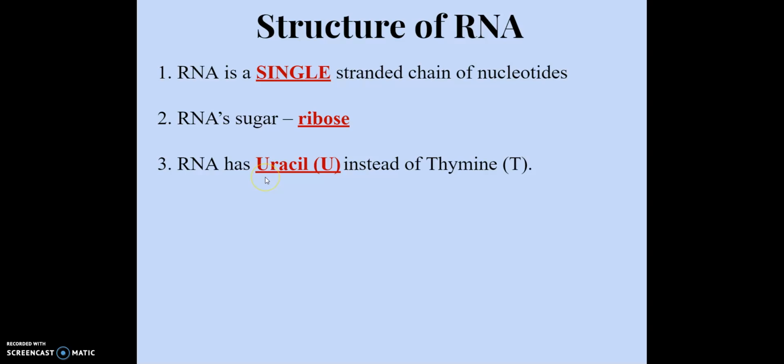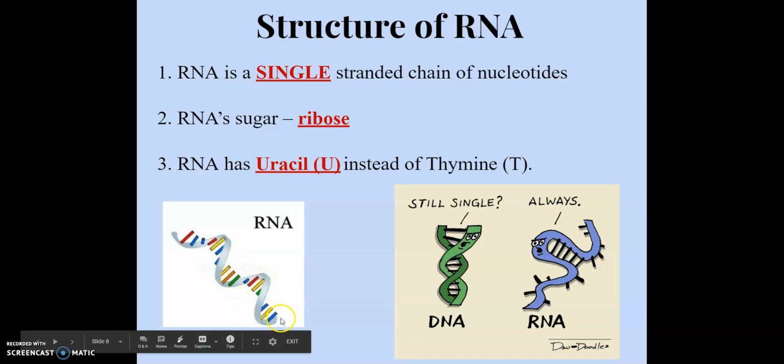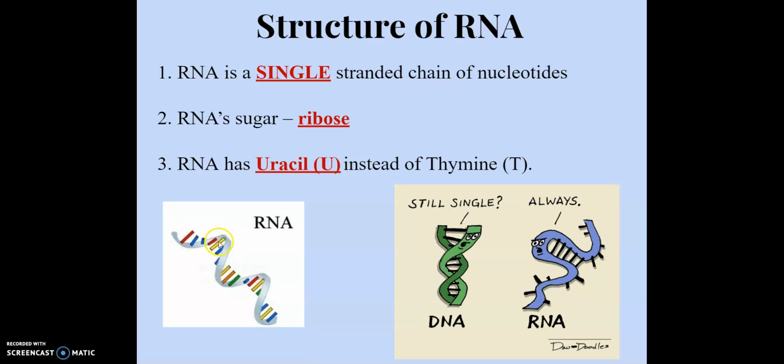It has a base called uracil, and it does not have any thymines, so it also has a different nitrogenous base in it. You can see here, this is a single-stranded RNA sequence. It still can form a helix form. Once again, the sugar is going to be ribose, and it's going to have a different base called uracil instead of thymine.